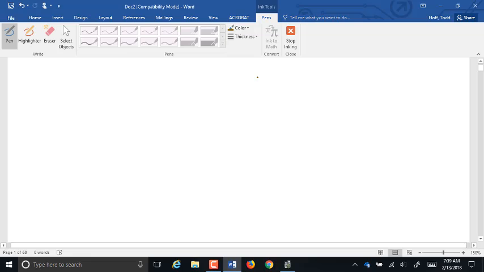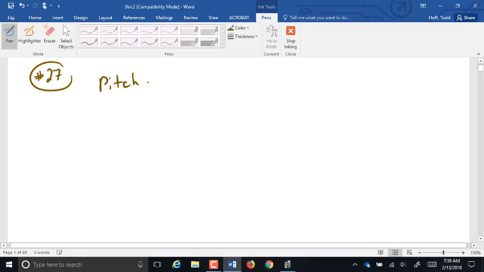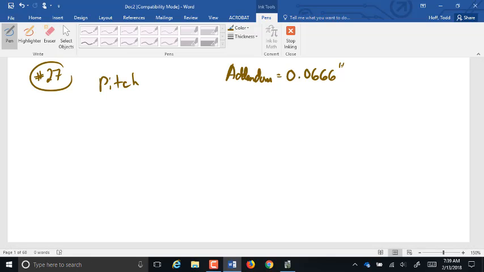Number 7. Since you guys have to do the odds, we're asked to find the pitch given the addendum is 0.0666. If we look up the pitch, we do not have a formula that gives us the pitch from the addendum.